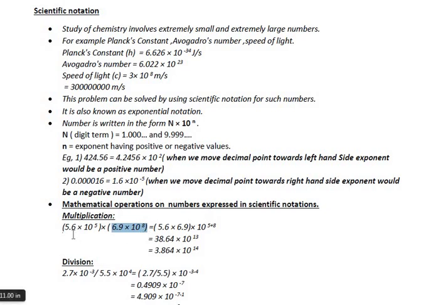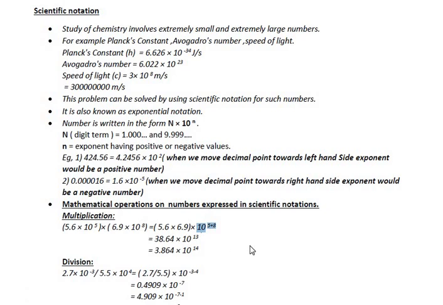When we multiply both numbers in scientific notation, we will first multiply the digit terms and then the exponents will be added up. So we are going to multiply 5.6 into 6.9 and then the powers of the exponents would be added up.